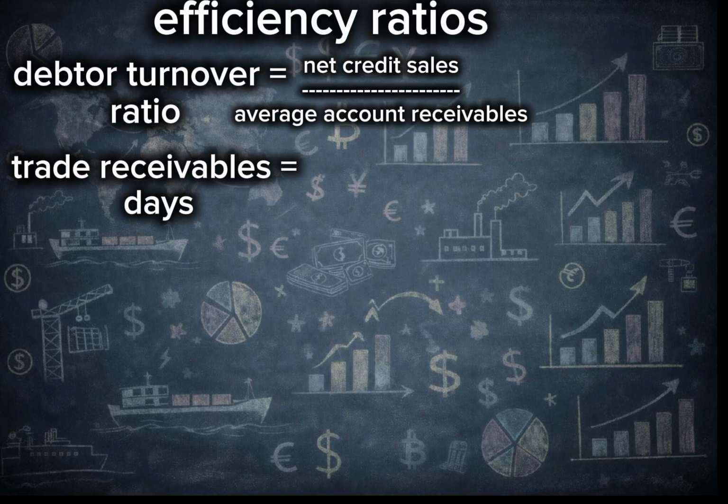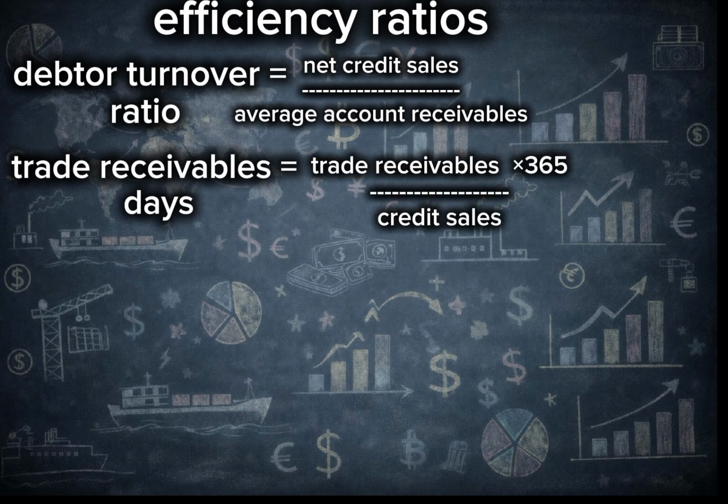Now, the trade receivable days. This time around, we are not looking at the number of times. We are looking at the number of days it will take for us to convert our trade receivables into cash. So here we simply say our trade receivables divided by our annual credit sales times 365 days, because we are looking for the number of days.